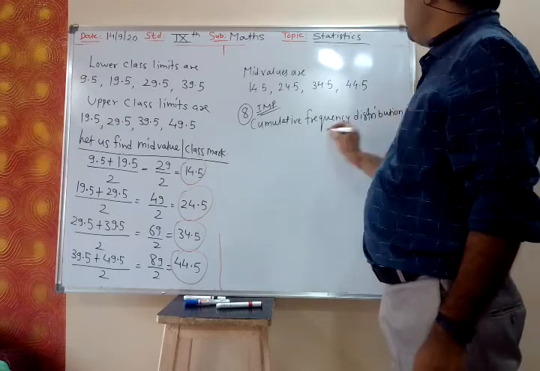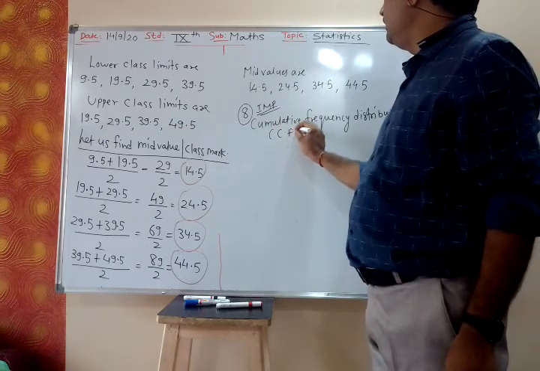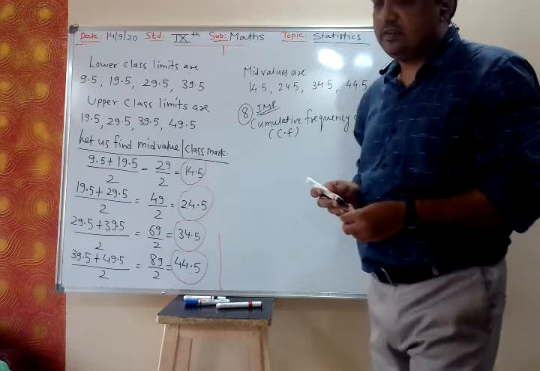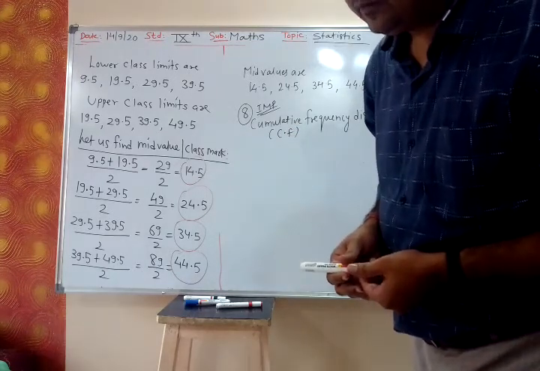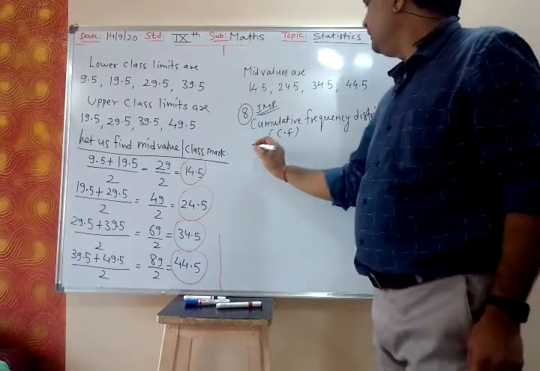Cumulative frequency distribution, in short, we write CF. CF means cumulative frequency. First we are given the data: class interval and frequency.